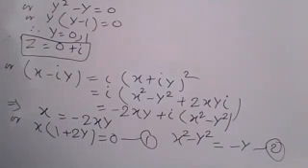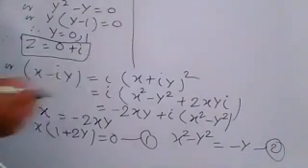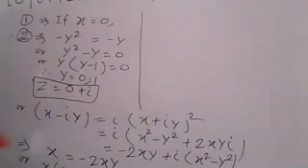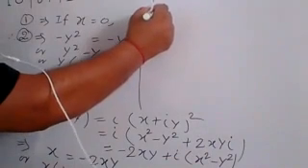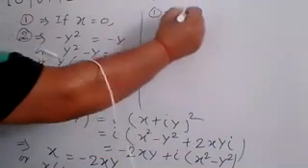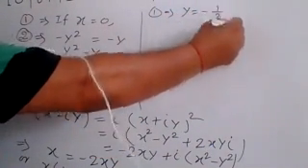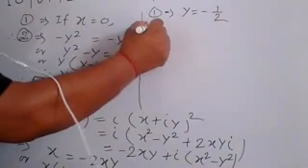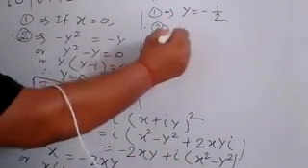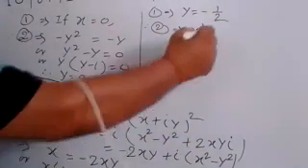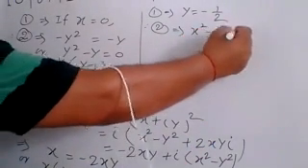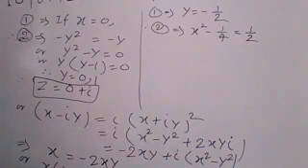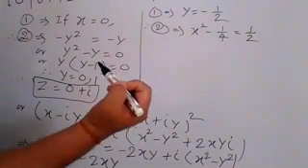Now putting that value in the second equation, you have x square minus 1 upon 4 is equal to 1 upon 2. Just check it: you have 1 upon 4, minus 1 upon 4, and 1 upon 2.